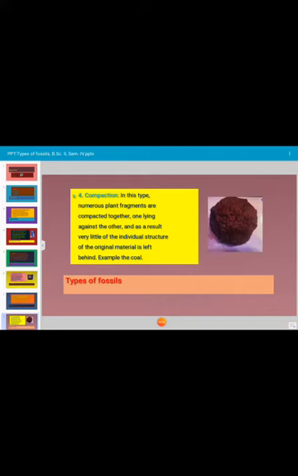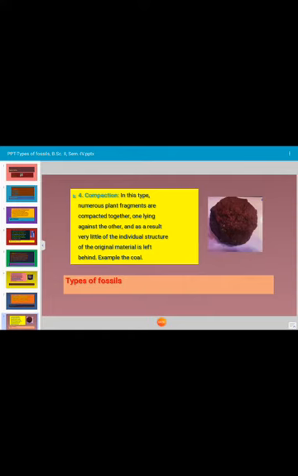compaction. It is one more type of fossil. In this type, numerous plant fragments are compacted together, one lying against the other, and as a result, very little of the individual structure of the original material is left behind. Example is coal.